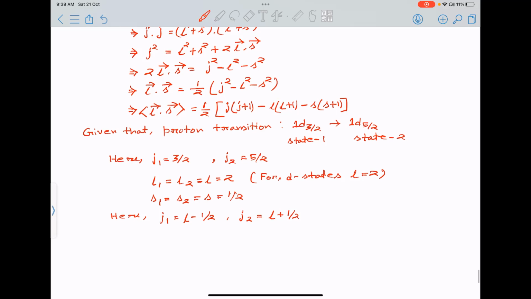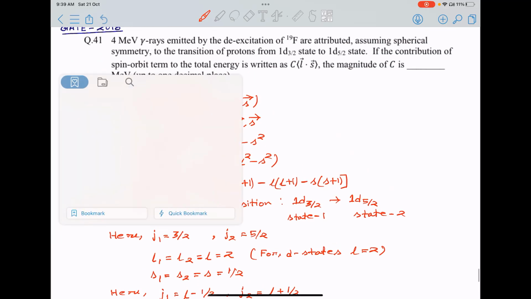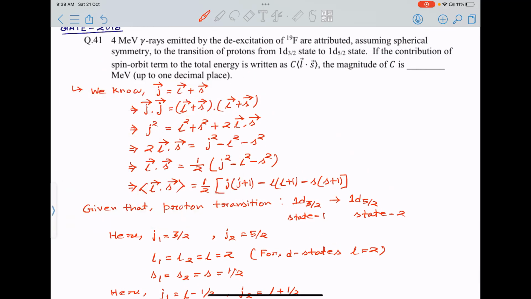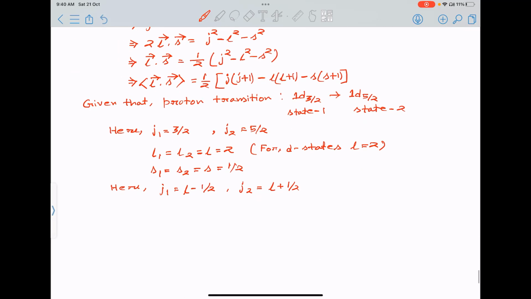The next thing that they have given here is that the de-excitation energy of the gamma rays due to this transition is, let us consider it as delta E equals 4 MeV.